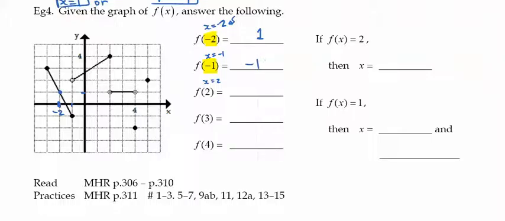When x equals -1, it seems like we have two answers, but one of them comes with an empty circle. We don't count them. We will only count the point that gives us a solid dot. So in this case, we only have one answer, -1.